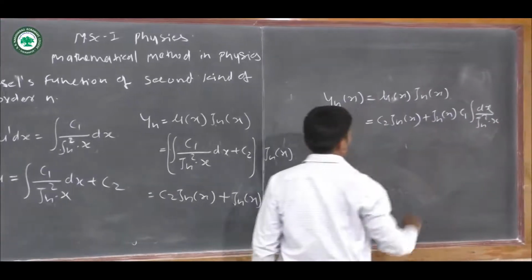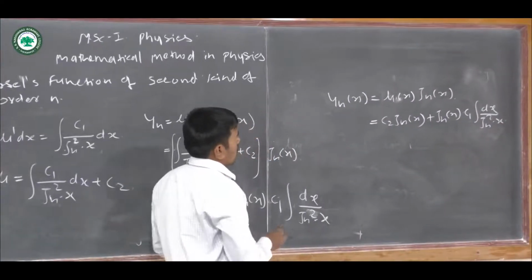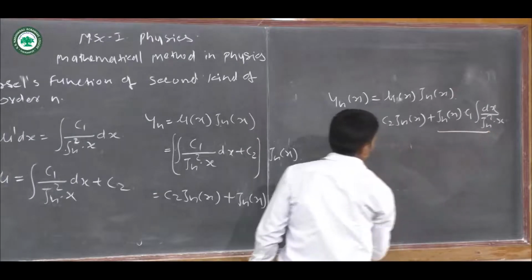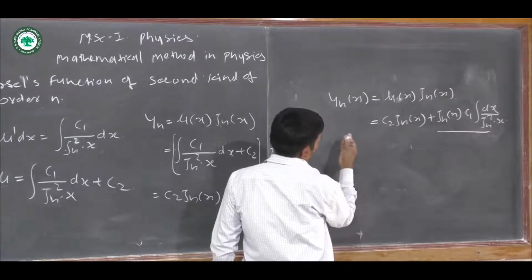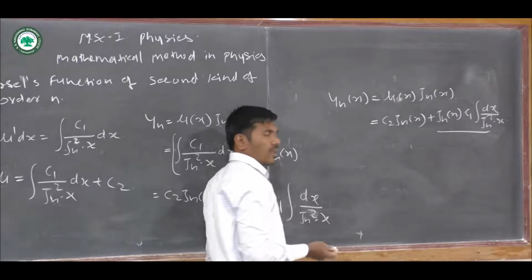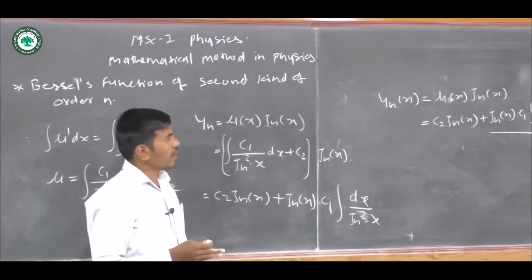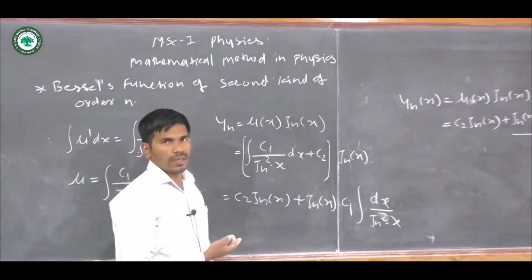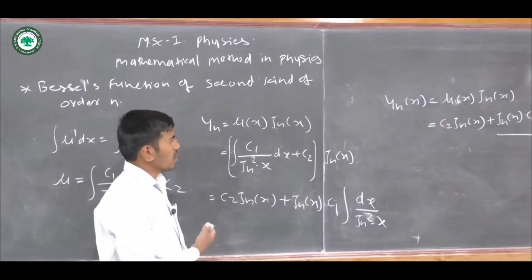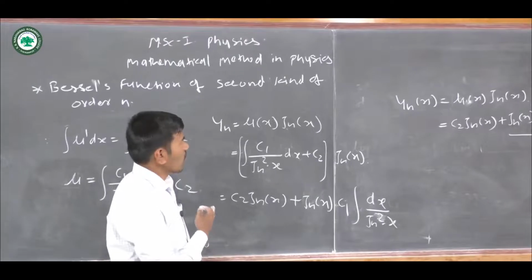Okay, so this is y2, because in the third case where n is an integer, y2 is not a solution of the Bessel differential equation that we considered in the last lecture.